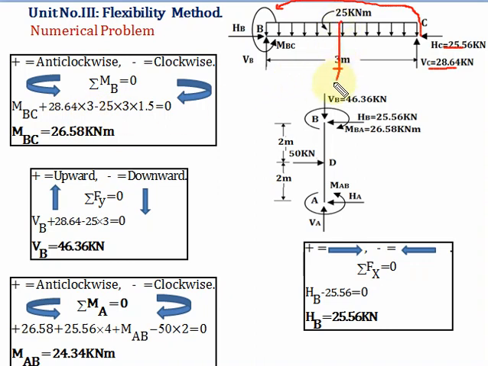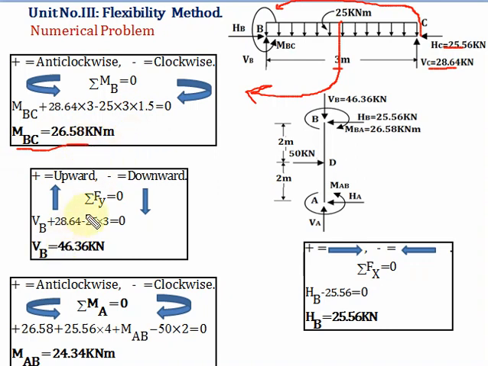Then this UDL will act in the clockwise direction, so minus 25 into 3, half of that, 1.5. After solving this equation we'll get the moment in member BC as 26.58 kilonewton meter.